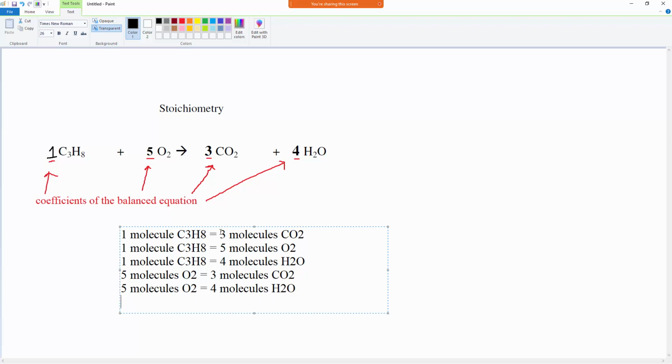So these are just relationships that I'm pulling out of this equation, and I'm just looking at 2 things at a time. I could even just look at the products and say, look, if I'm burning propane and I produce 3 molecules of CO2, then I can expect I will also have produced 4 molecules of water. I think those are all the relationships in there. Do you see where I got those? Do those make sense?